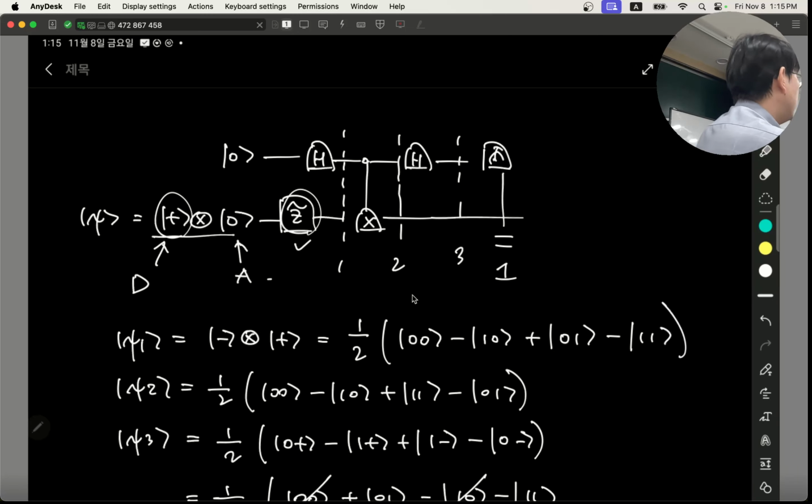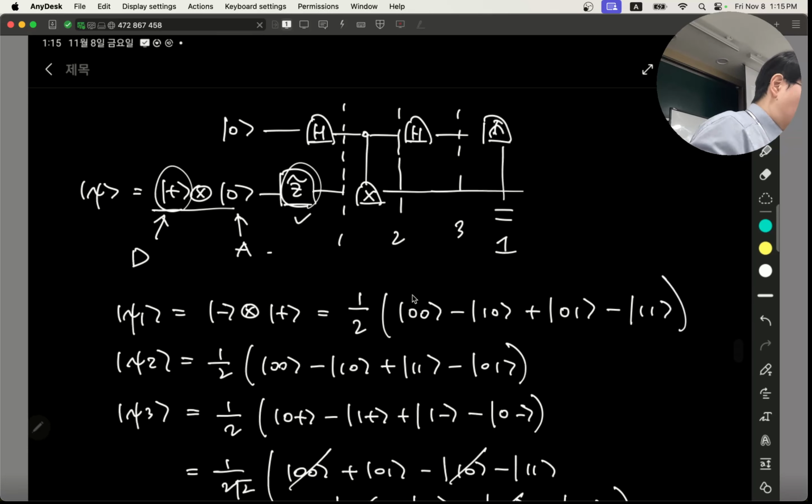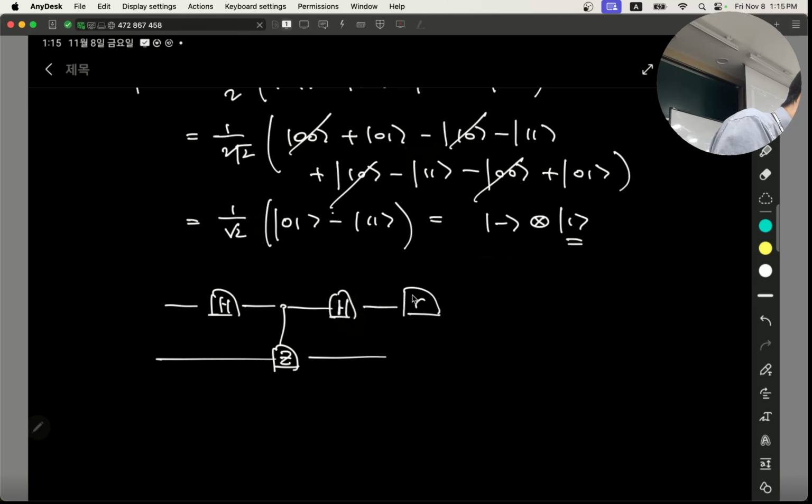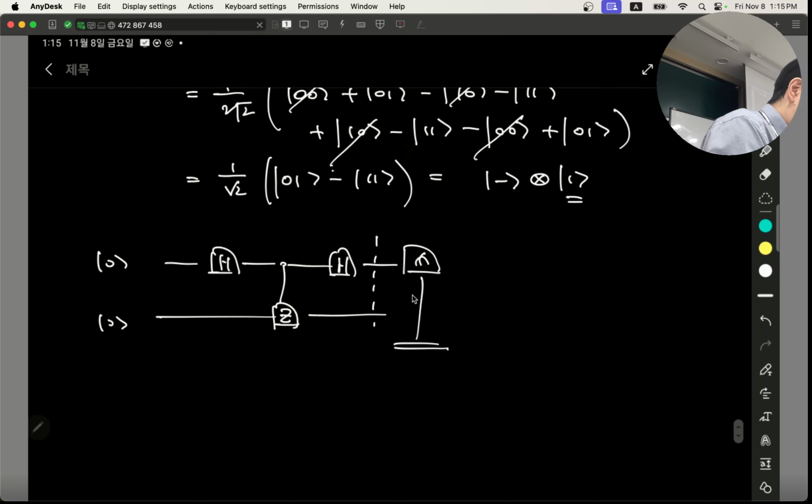So how do we detect an X error on the data qubit? The same thing, because you can now change the role of X and Z and do the same thing. So when you have H here, H, and you take the measurement here. You start from the initial state 00. At here, let's say it's stage 0, 1, 2, 3.